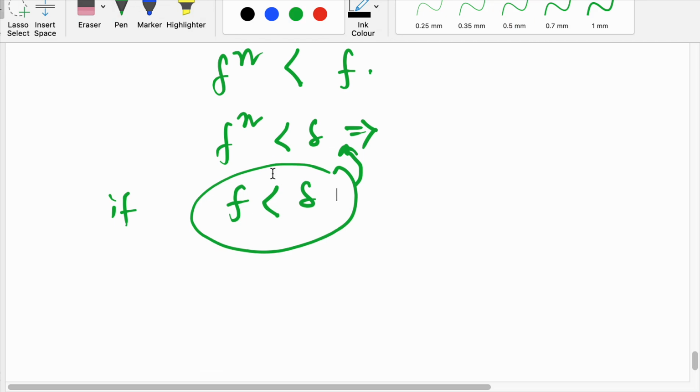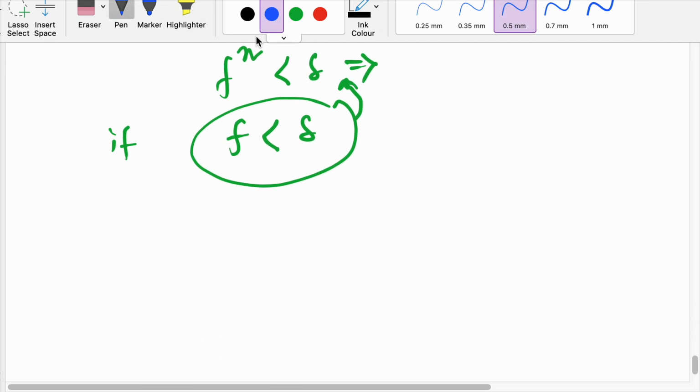So we have to find an interval for which, for every y and every n, this has to be satisfied. So that means we have to find that f(y) is less than delta.